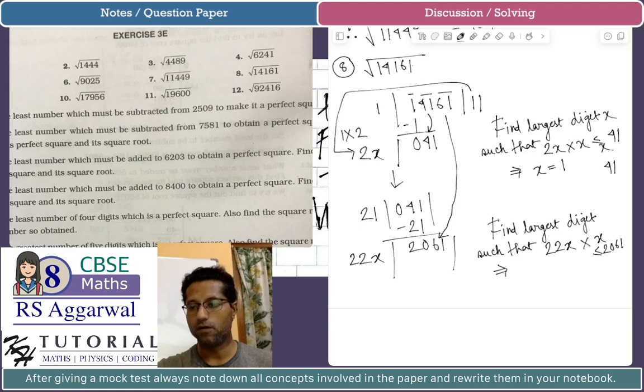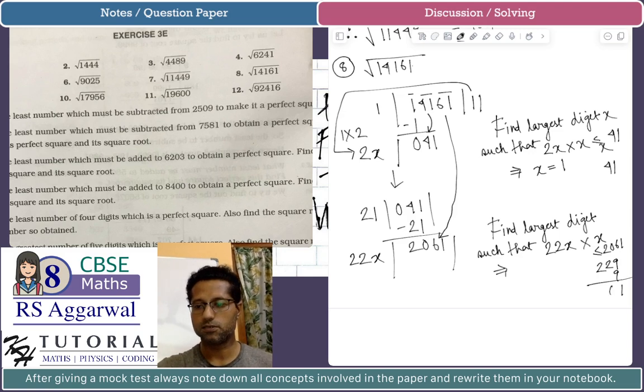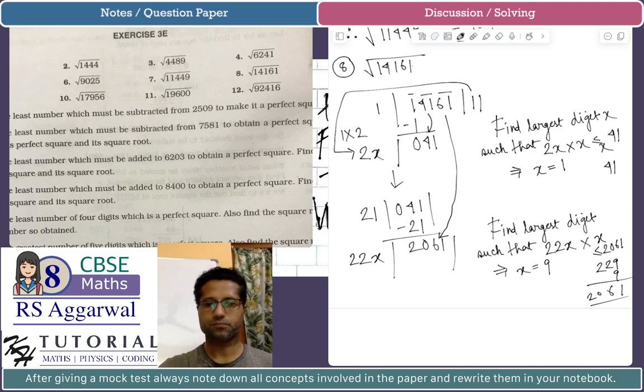So you can think of 9. 229 multiplied by 9 is 2061. Yes, it is perfectly 2061. So this implies x equals 9.